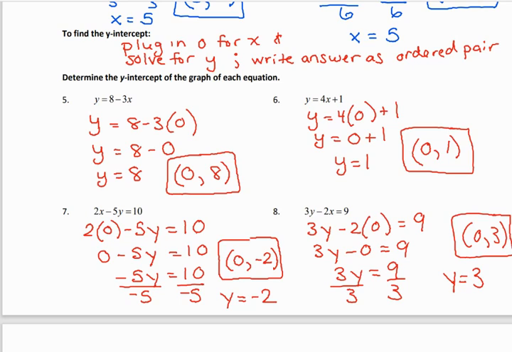Those of you that are participating, you're doing great, so keep it up. Any questions at all with finding x and y intercepts? Okay, I'm going to leave this up for one more minute for people copying, but then we're going to go ahead to the next slide and do number 9.